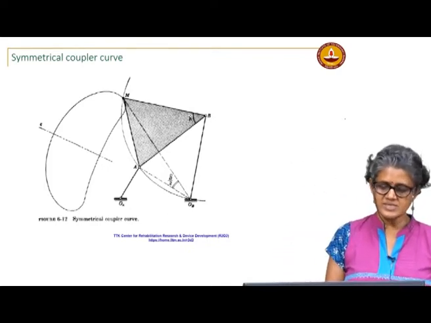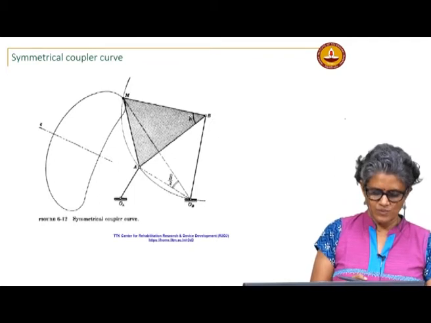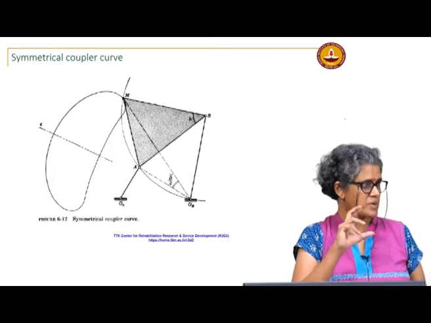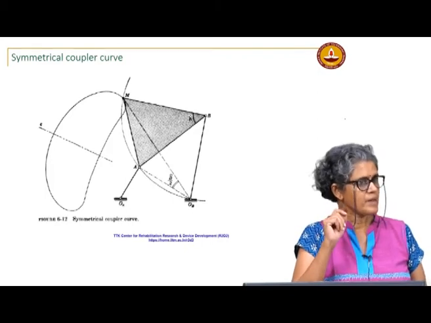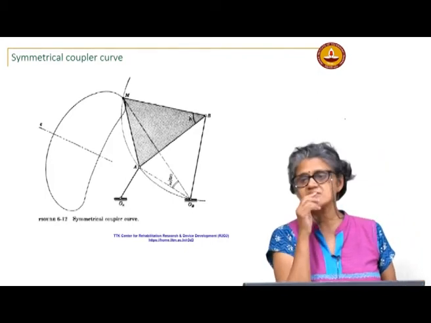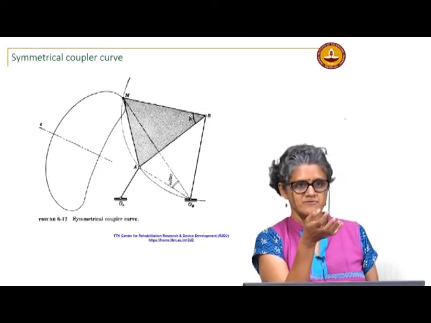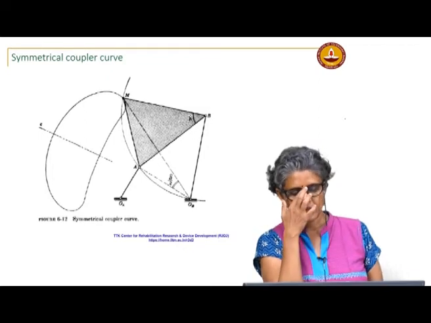the synthesis. So, you can generate coupler curves that are symmetrical about an axis, okay, and there is a fairly simple construction that can give you a symmetrical coupler curve. Okay.